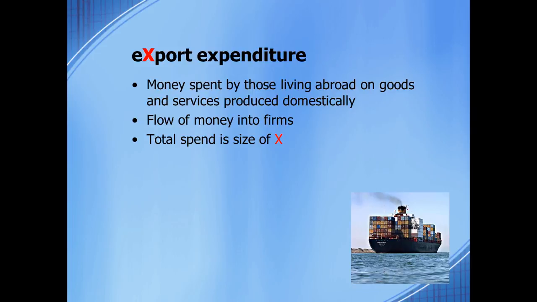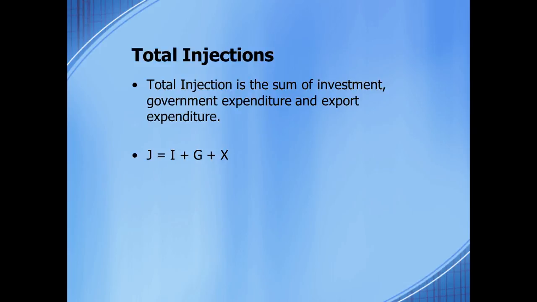It's the money people from other countries put into our economy to buy our goods and services. So the total injections is the sum of investment, government expenditure, and export expenditure. J for injections equals I for investment plus G for government expenditure plus X for exports.